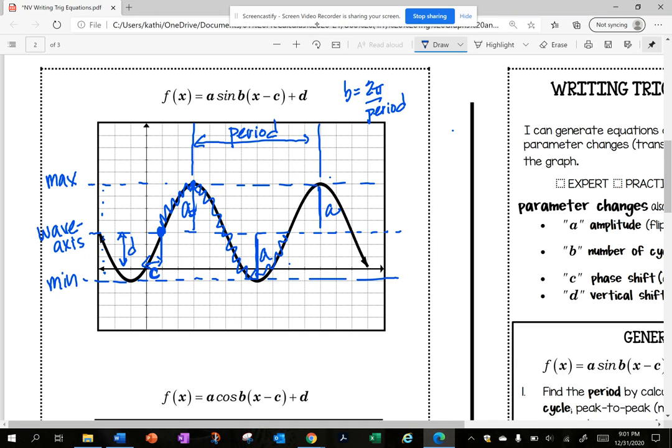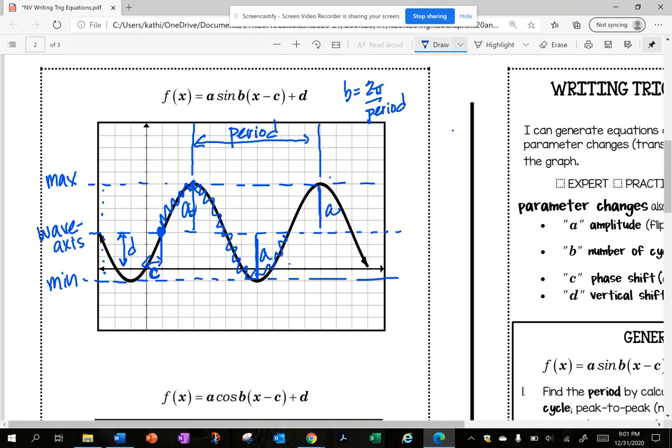So A is the amplitude, so that's going to be from a minimum or a maximum to the middle of the wave. B is going to be 2 pi divided by the period, so I can do peak to peak, max to max, min to min, or 3 wave axes in a row. And D is the horizontal line for the wave axis.